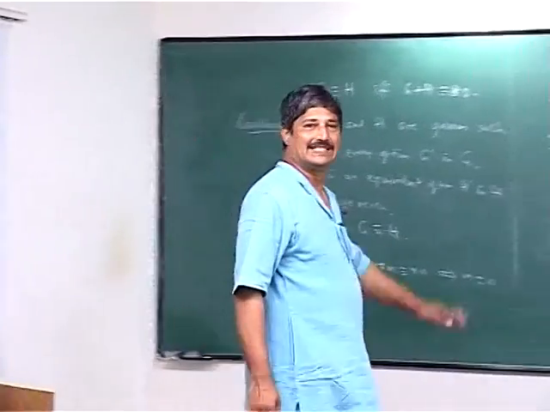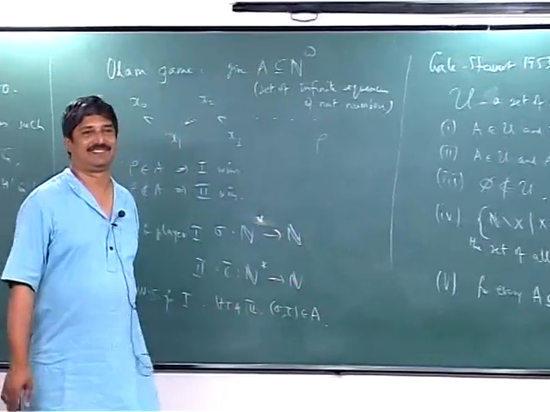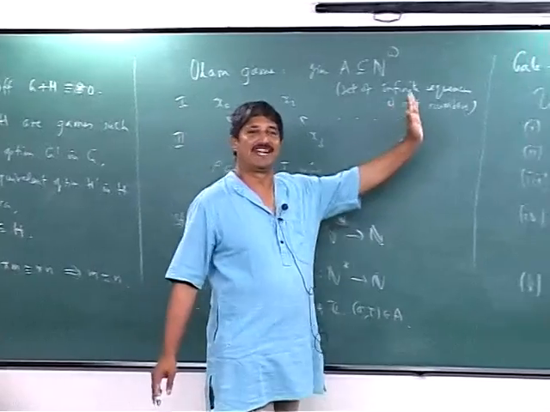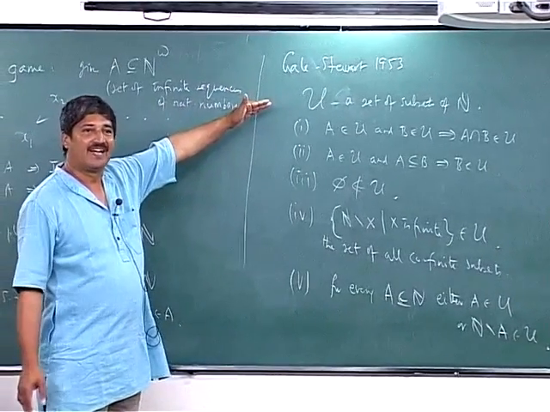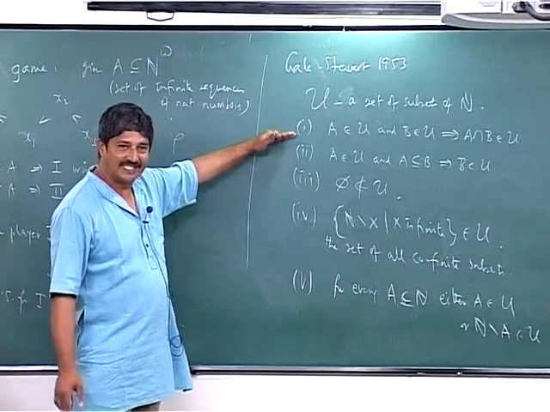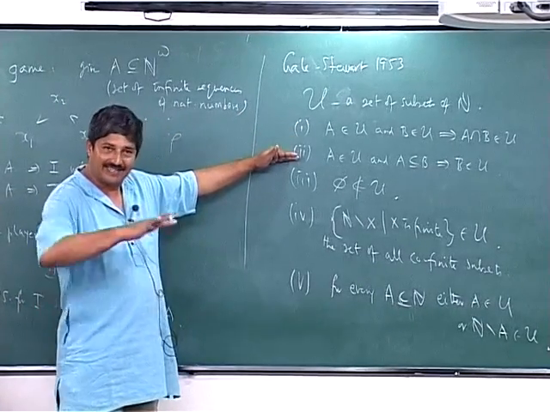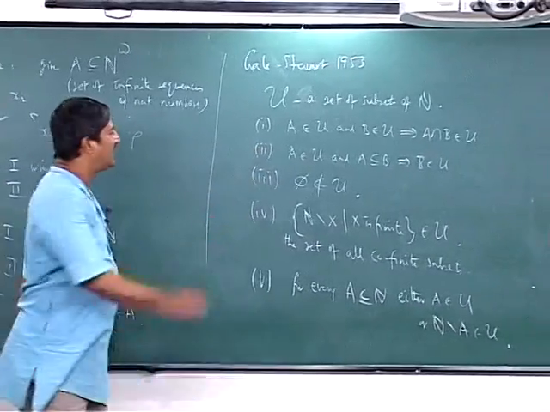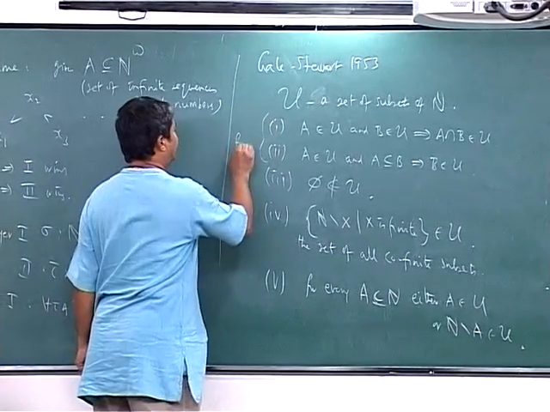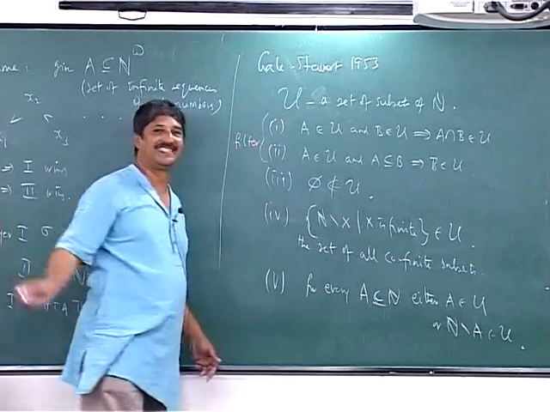Consider a set like this. This is a family, a set of subsets of N. What are the properties it has? It's closed under intersection, closed under supersets, doesn't have the empty set. Actually, the first two together say that it's a filter. This is just terminology.